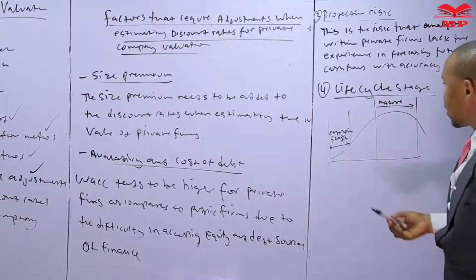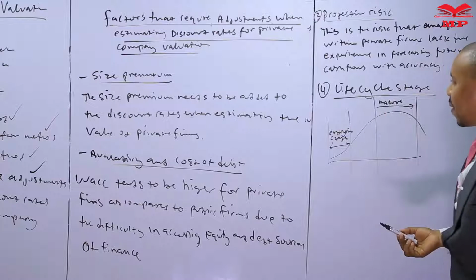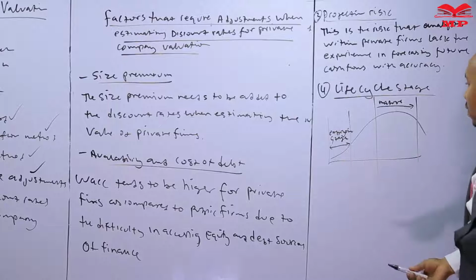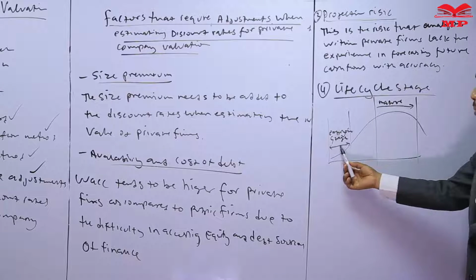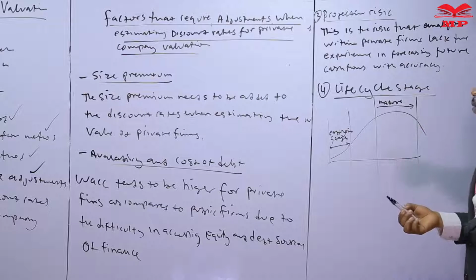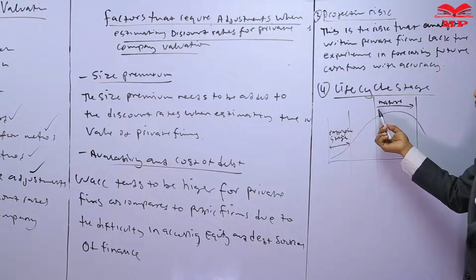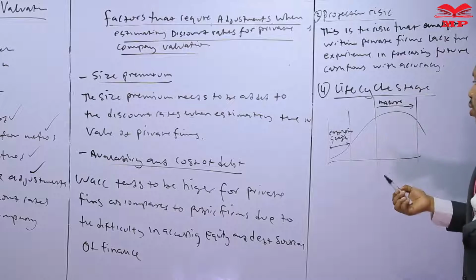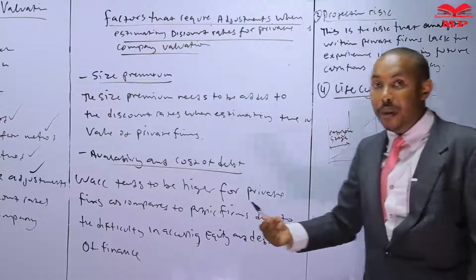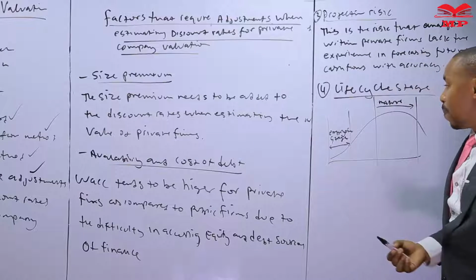So one of the factors that require adjustments is the stage in the life cycle. You cannot estimate the value of a private company the same way you value a public company, because the public company tends to be at a mature stage, where the cash flows are much more predictable as compared to private companies.